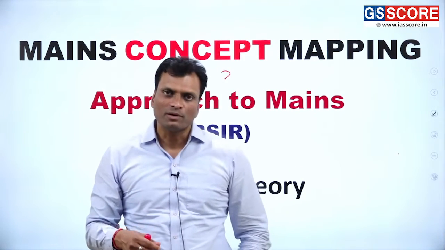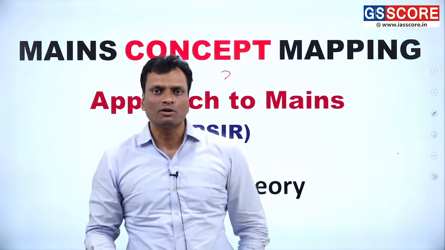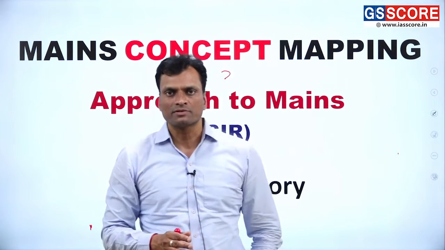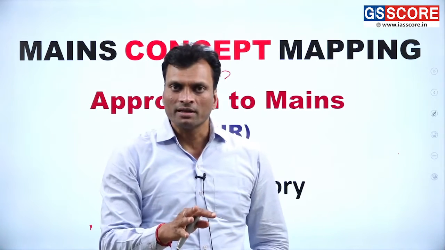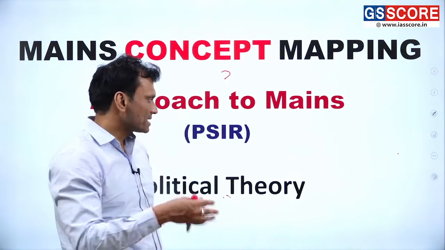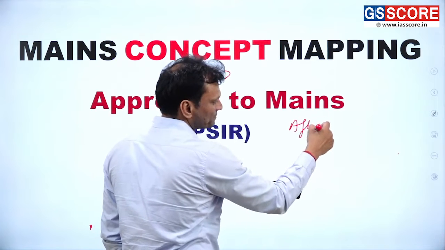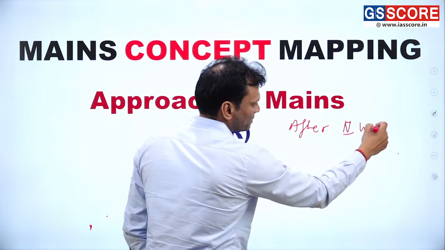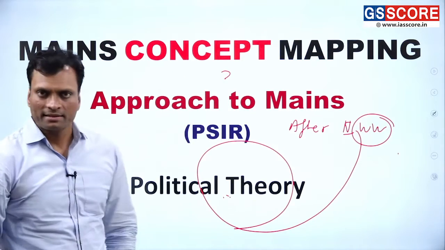And the First World War and immediately Second World War justified the failure of the existing political philosophers in understanding, forget about resolving, even understanding the political situation. And hence, after Second World War, the revolt against political theory started.